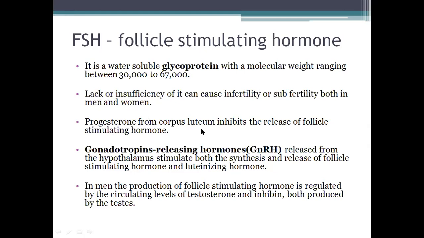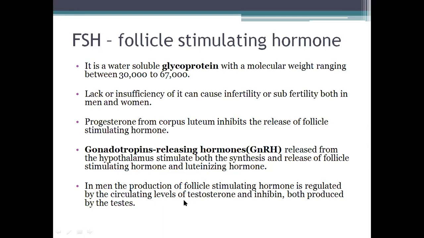Now, remember, the corpus luteum during the ovarian cycle produces progesterone. This progesterone release inhibits FSH, because this is needed for the pregnancy to continue. Now, the anterior pituitary is under the control of the hypothalamus through a hormone known as GnRH, gonadotropin releasing hormone.